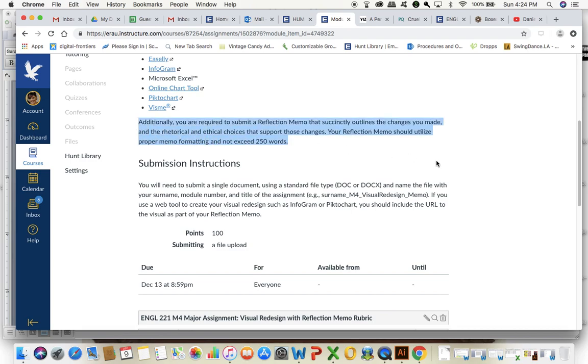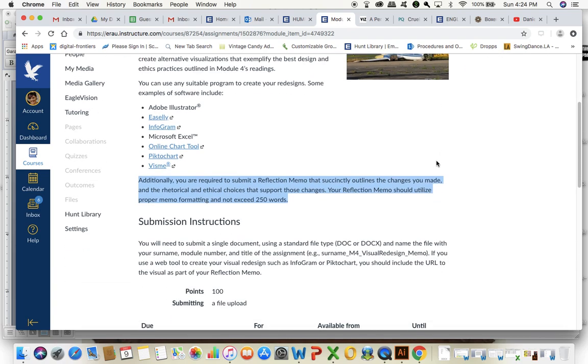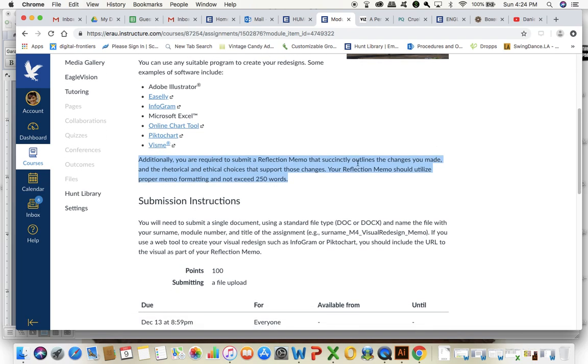So that's that reflection memo. So I should see the 3 figures, and I would label them figure 1, figure 2, figure 3. And then under those, have your reflection memo that outlines the changes you made and the rhetorical and ethical choices that support those changes. Your reflection memo should be in proper memo formatting.